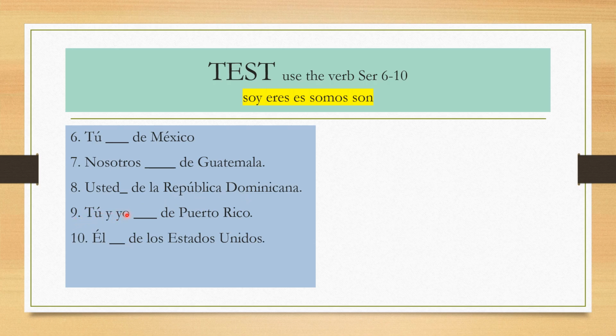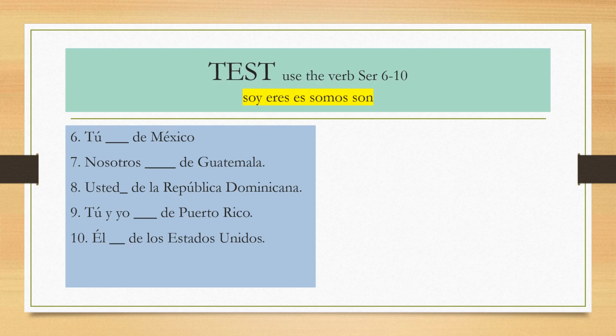Tú y yo, blank de Puerto Rico. 10. Él es de los Estados Unidos. If you need to pause the video to find the answer, or you need some more time, please stop the video at this time.